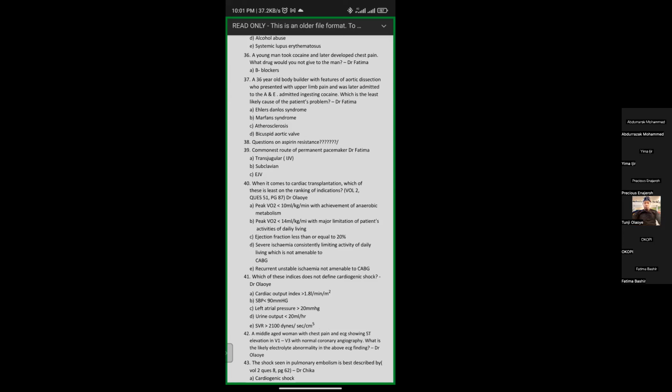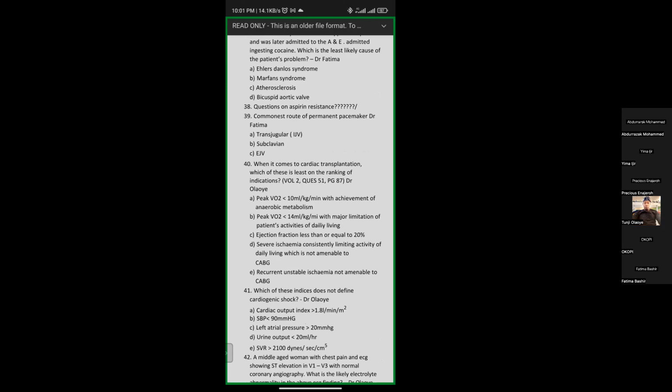So pacemaker is usually inserted by transvenous approach, and the commonest route is subclavian vein, followed by cephalic vein, internal jugular vein, and femoral vein. These last two are rarely used. So the commonest route is subclavian vein, followed by the cephalic vein.